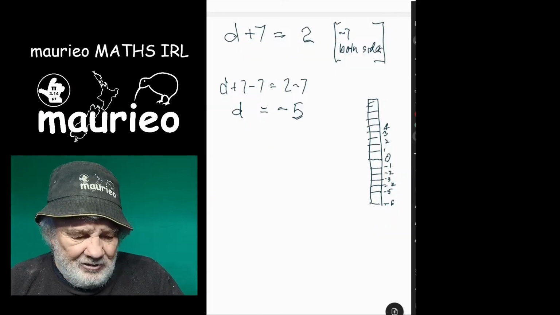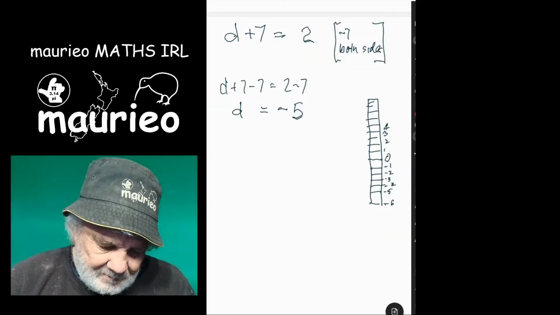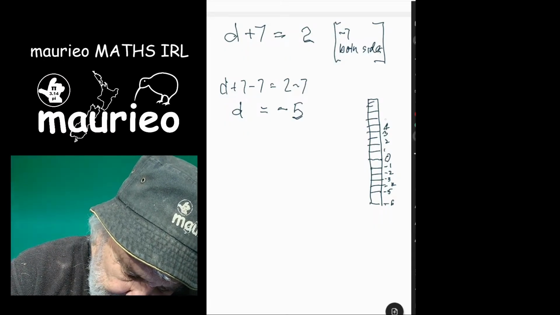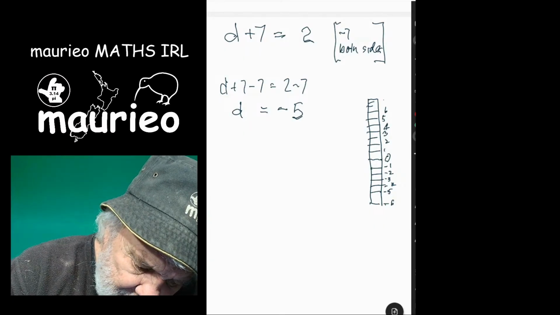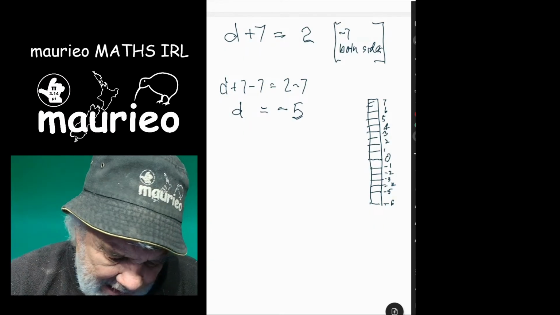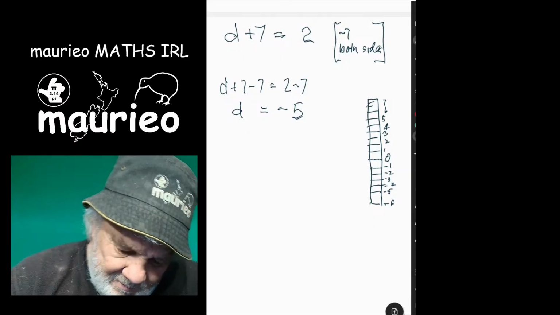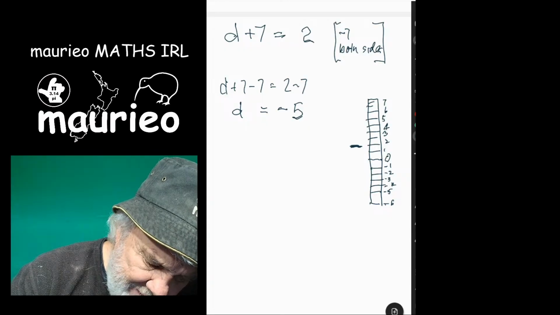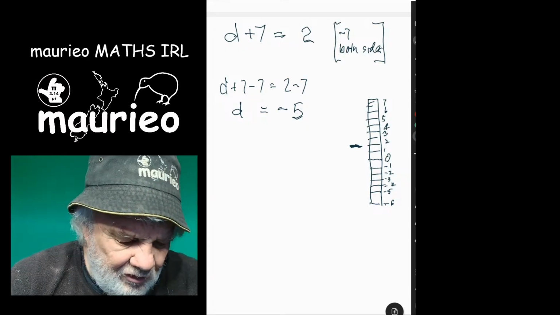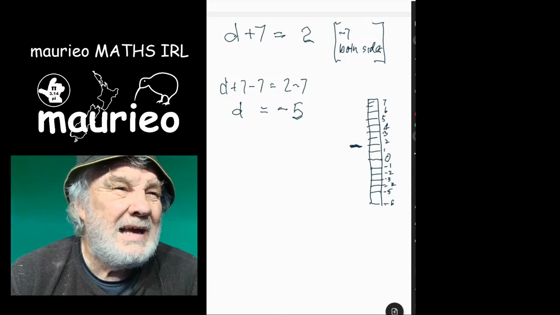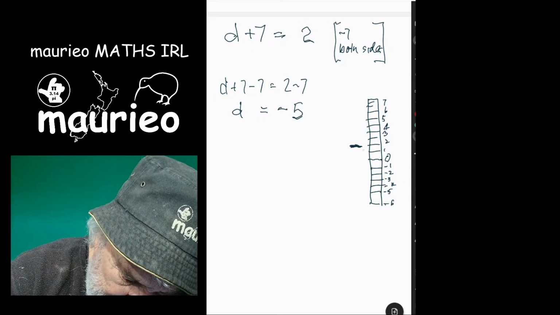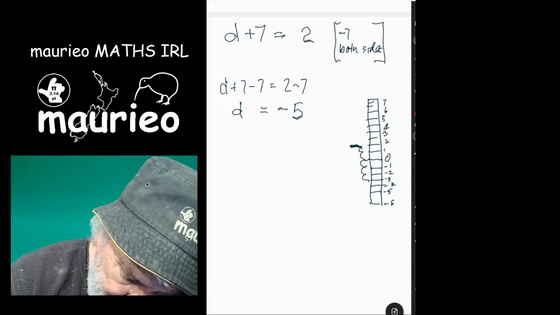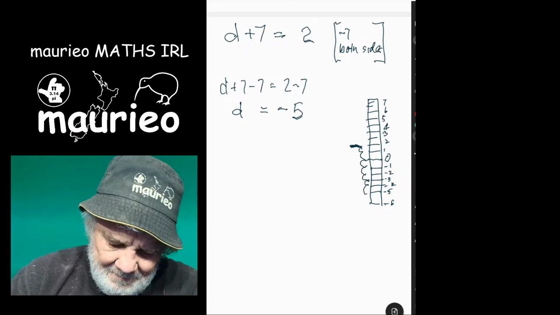So imagine that you're at level 2. That's where you're at, and you've just come up 7 floors from D. So you go 1, 2, 3, 4, 5, 6, 7.